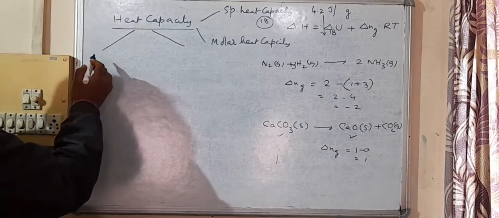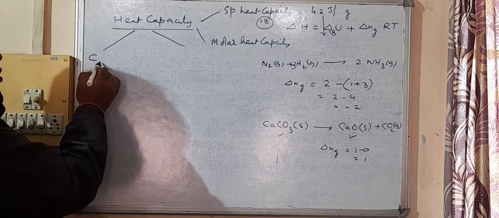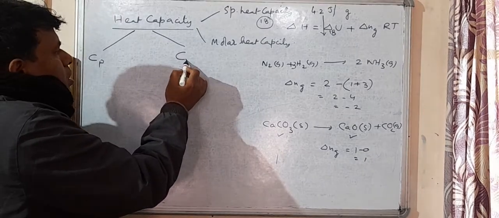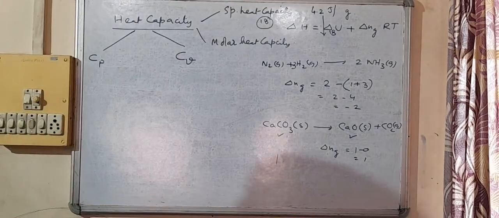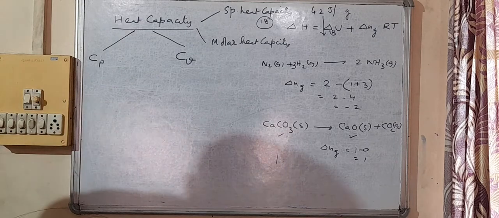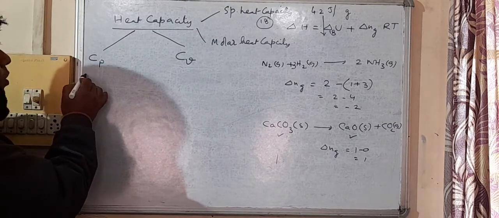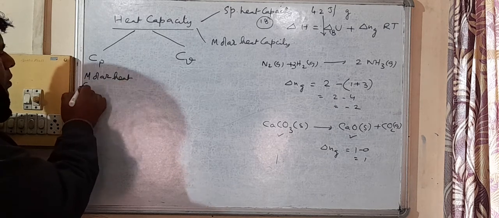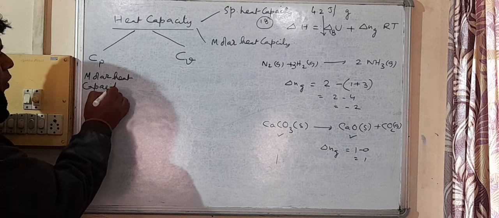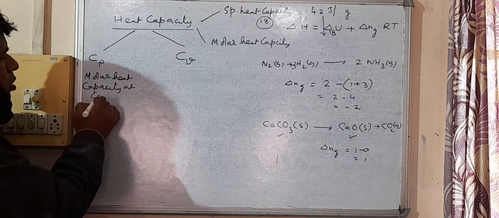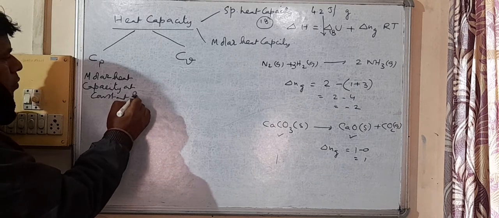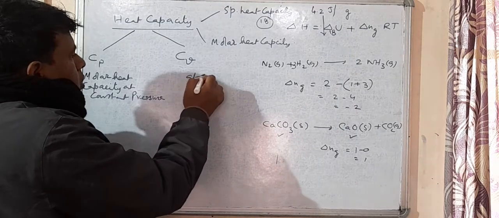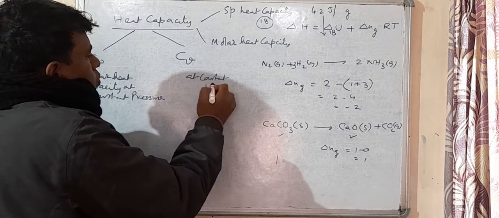One is called Cp, another is denoted by Cv. Cp is the molar heat capacity at constant pressure, and Cv is the molar heat capacity at constant volume.